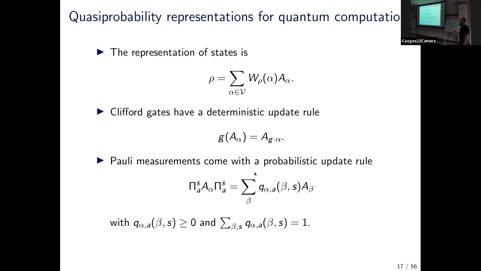And we have some kind of probabilistic update rule for Pauli measurements, where this is a probability distribution over both updated phase space points and measurement outcomes. So you sample two things here. You sample the outcome of the measurement and the new phase space point. So this is a slightly more general probabilistic update rule.